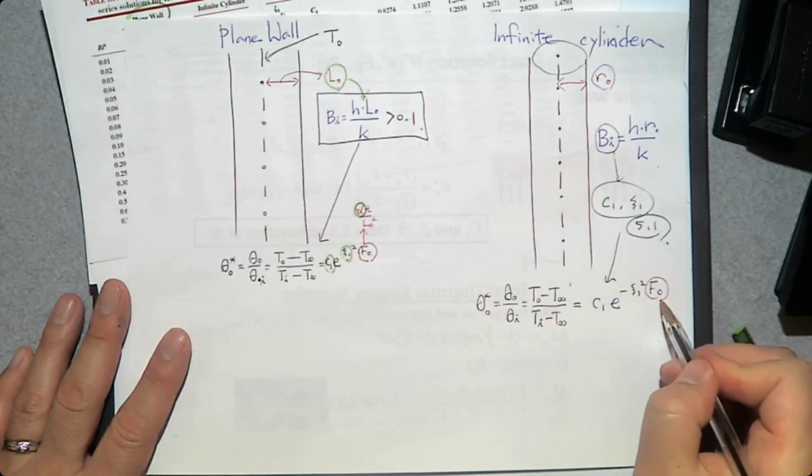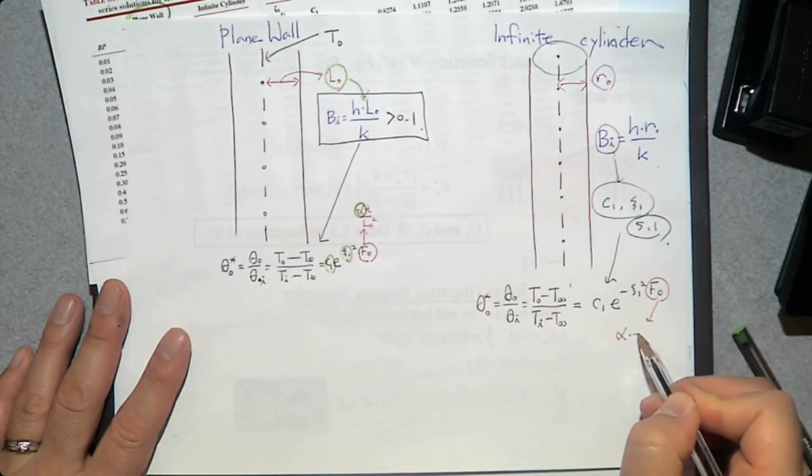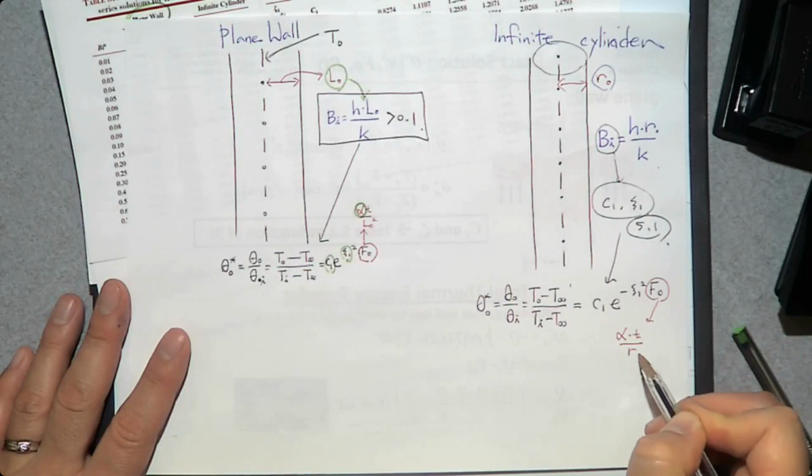In this case, the Fourier number is again alpha times t over characteristic length squared.